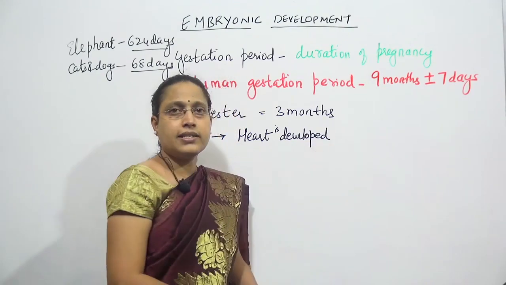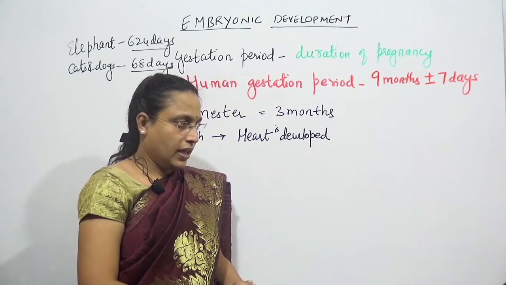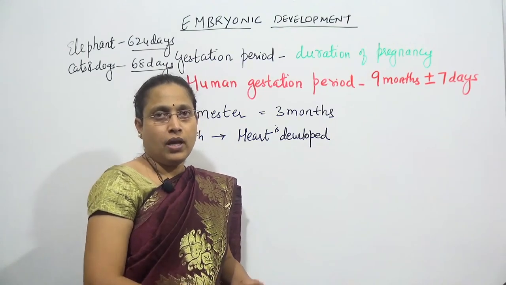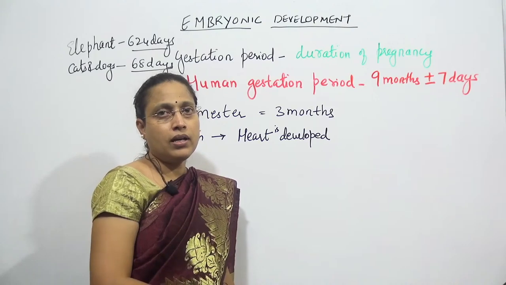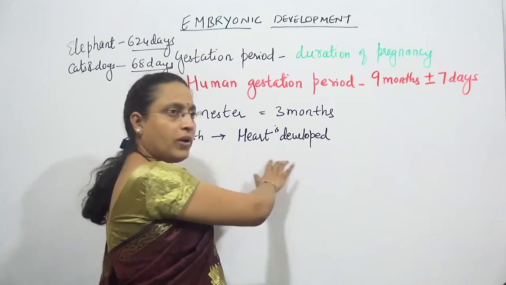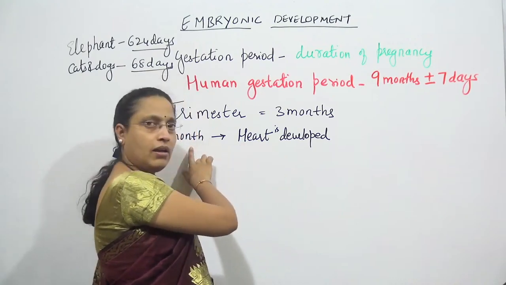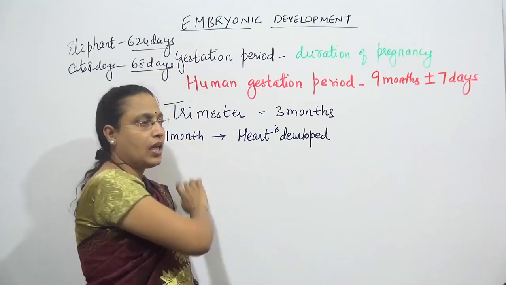So heart is developed in first month. It means that by using instruments like stethoscope, the heartbeat can be heard from the abdomen of the mother. It means this is the organ that is formed in the first month.